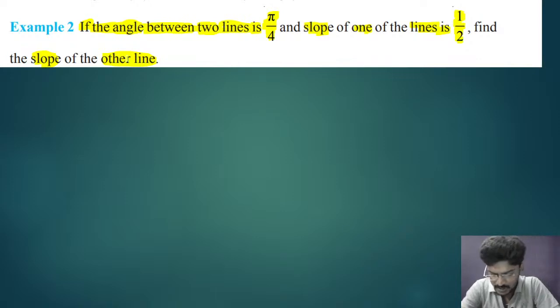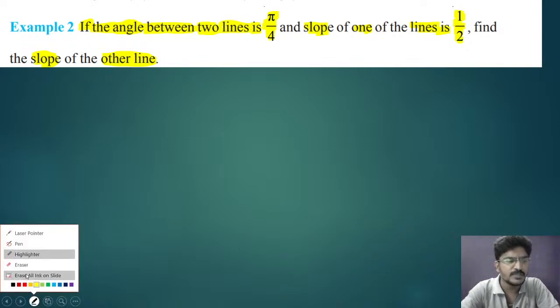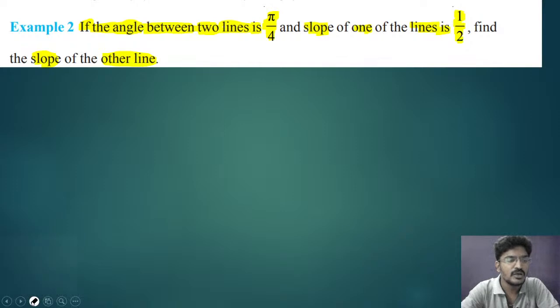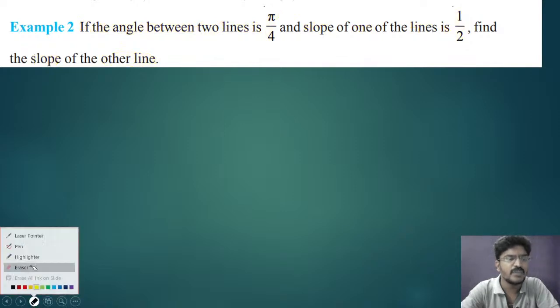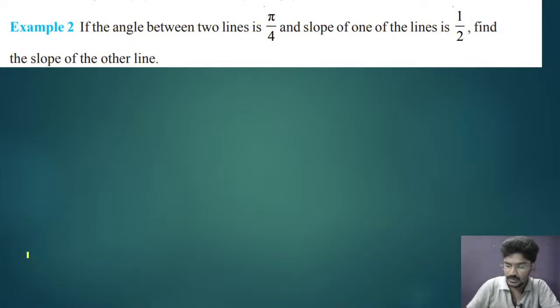So here the angle between two lines is given, that is pi by 4. The slope of one line is 1 by 2. You have to find the slope of the other line.